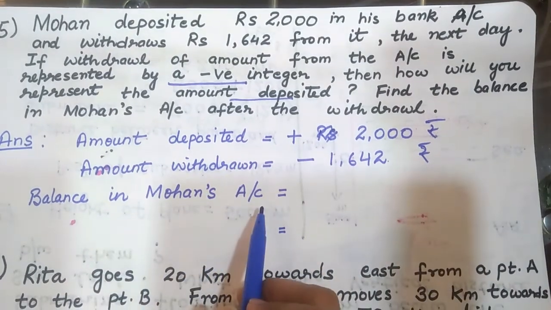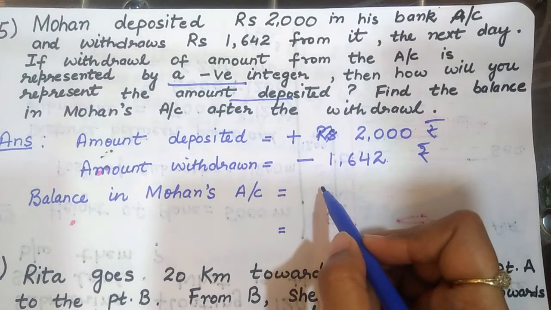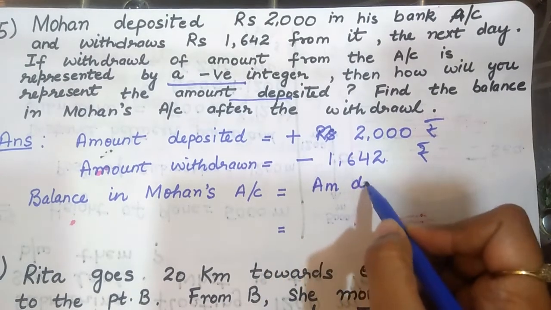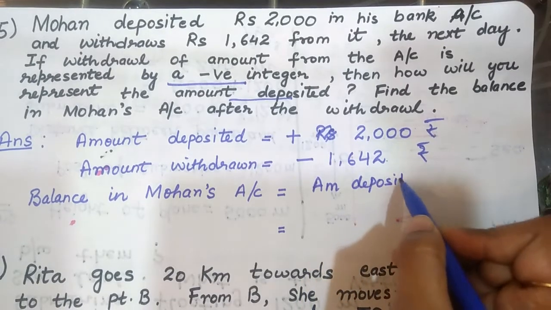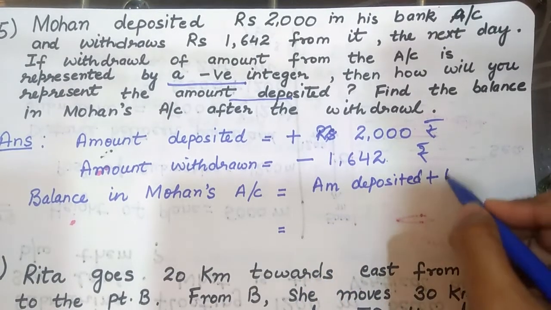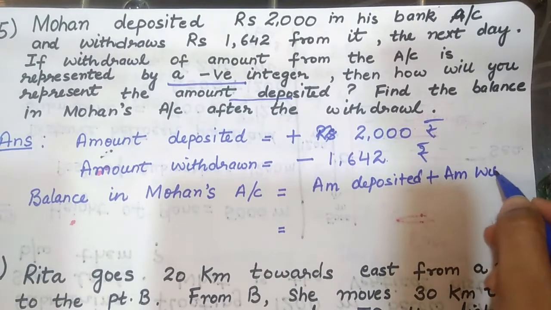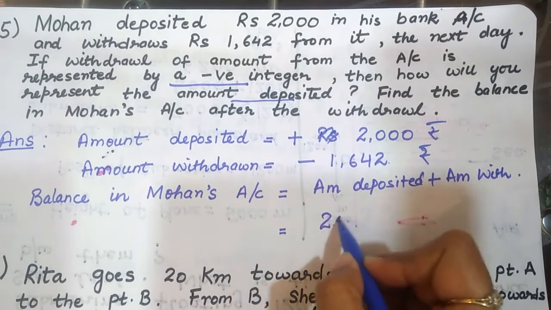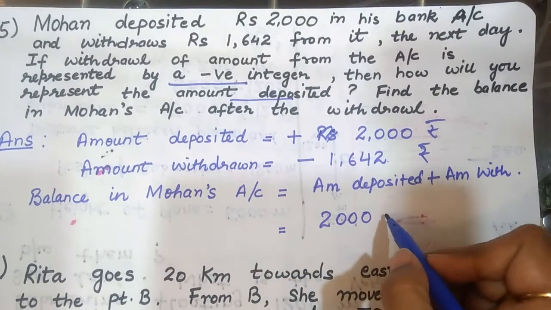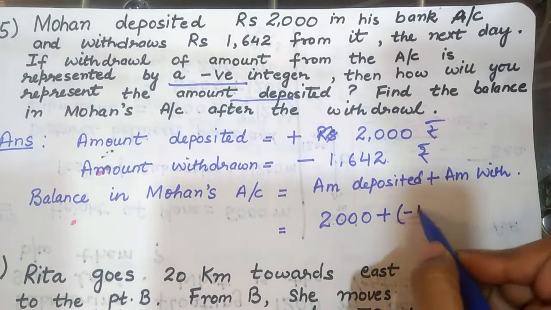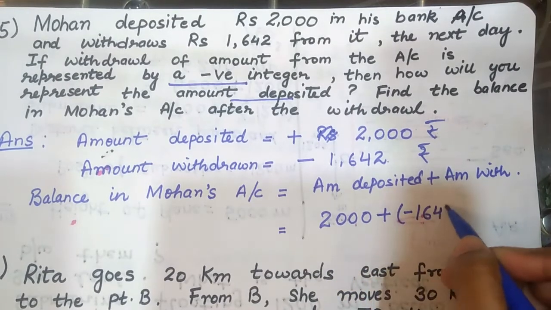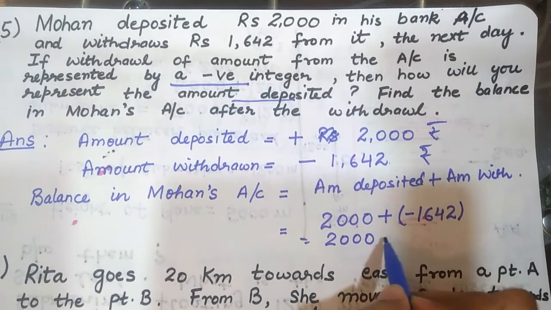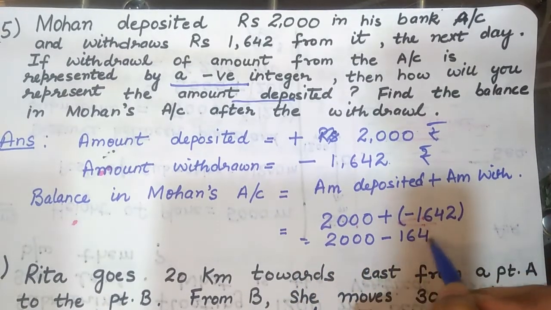Now the balance in Mohan's account. So the balance in his account will be amount deposited plus amount withdrawn. He deposited 2000 plus withdrawal 1642. Now plus minus is minus.